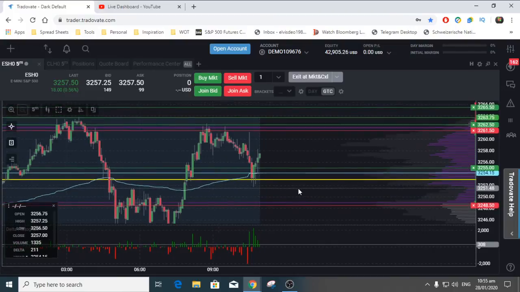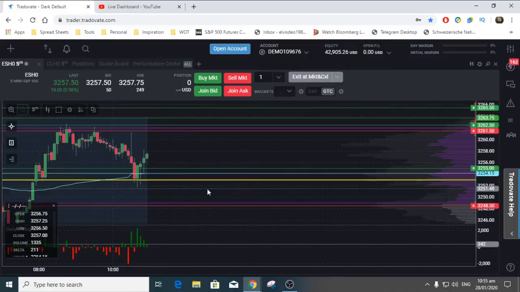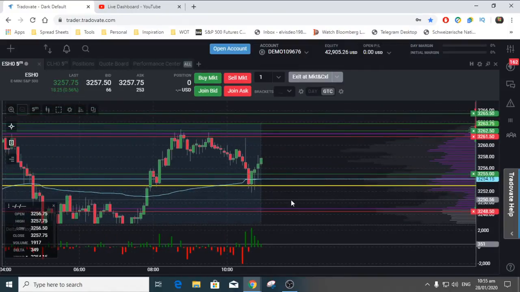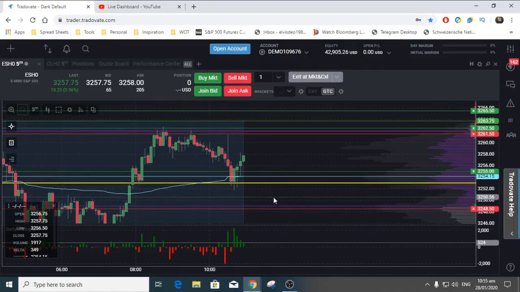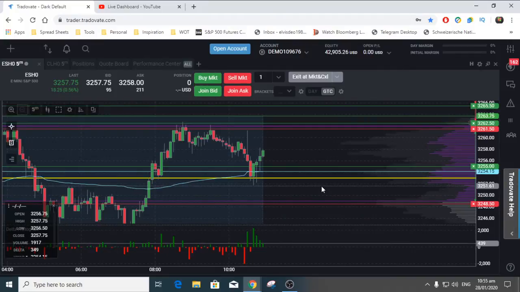Took a little too long to make a decision on our end. Probably could have gotten on the retest. It's all about time and rotation. Didn't want to be too early on the rotation, on a time rotation. And we know we have hammer candles out here, so that's why we're looking for just up to the downside, back to the upside.